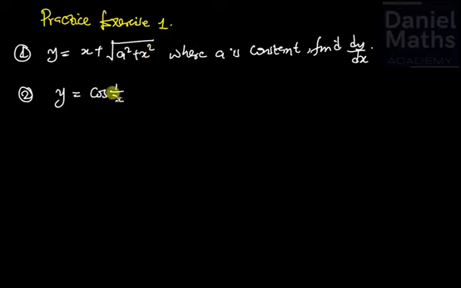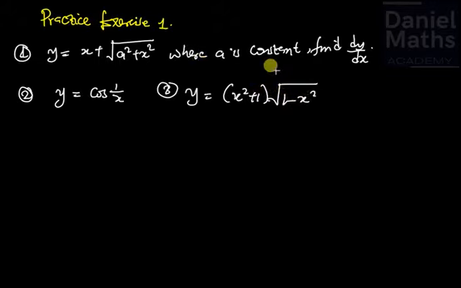Then number 3, for number 3 we'll have that y is equal to x squared plus 1, whole bracket, into the square root of 1 minus x squared. So this is what we have for question 3.